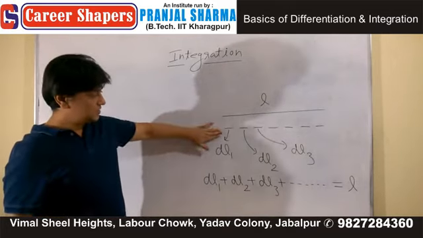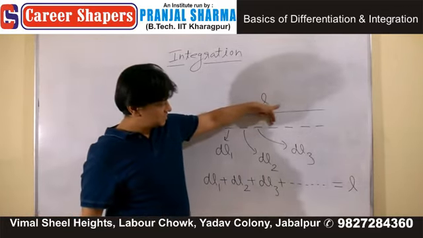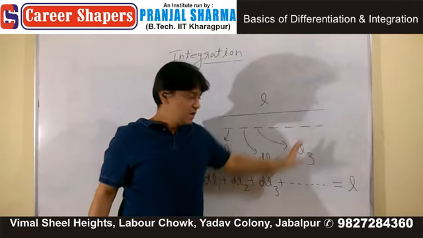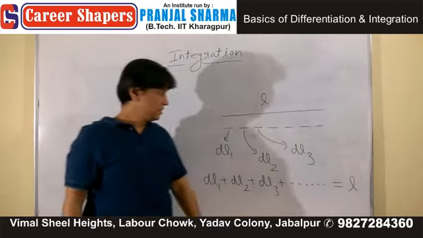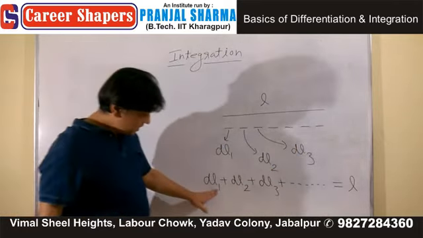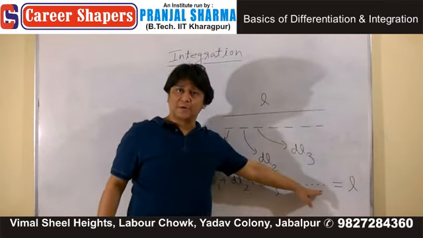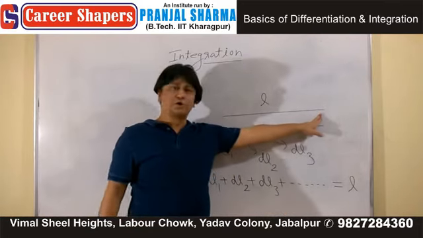So this plus this plus this plus this is L. Now, how many dls are present from this position to this position?